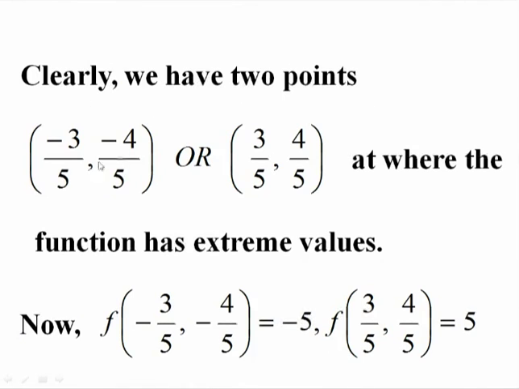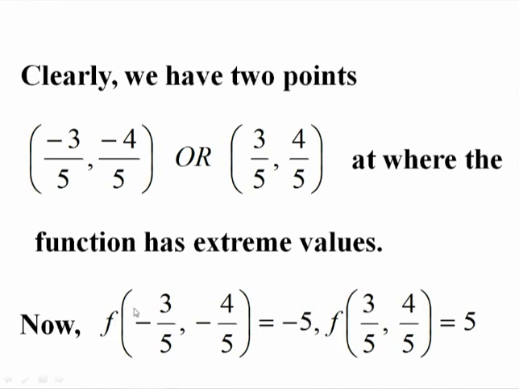So clearly we have 2 points, minus 3 by 5 and minus 4 by 5, or 3 by 5 and 4 by 5, where the function has extreme values. Now we have to determine whether the function has a maximum value or minimum value at this point or at this point.